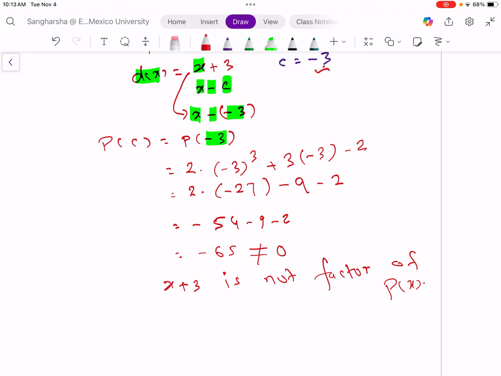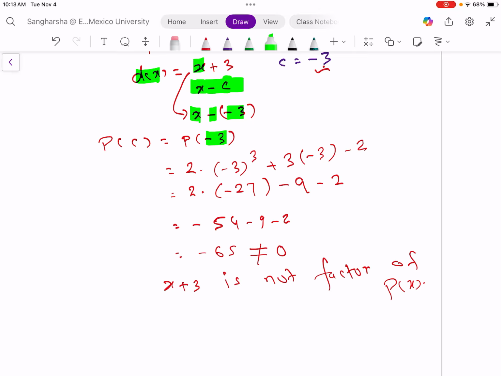So this is the method you can use only when your divisor is in the x minus c form. If you have a different divisor, then you have to use long division or synthetic division to check whether the given divisor is a factor or not.